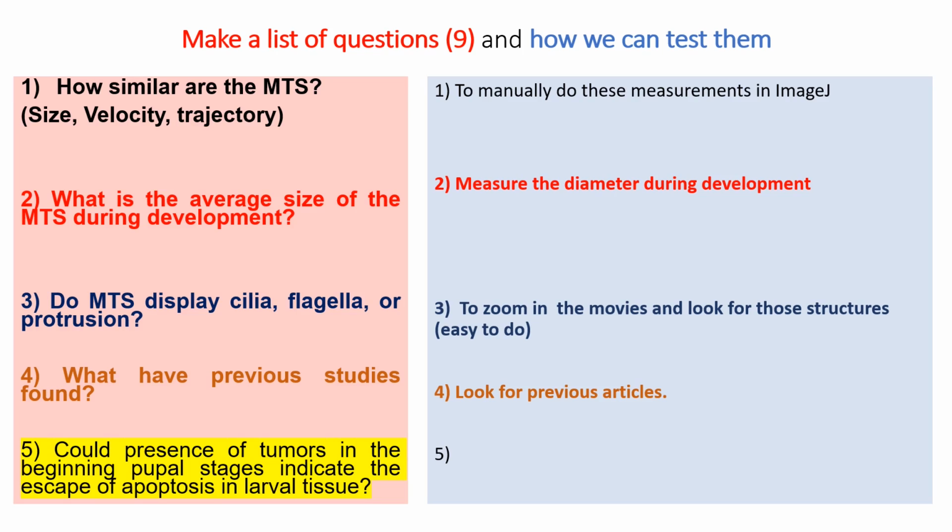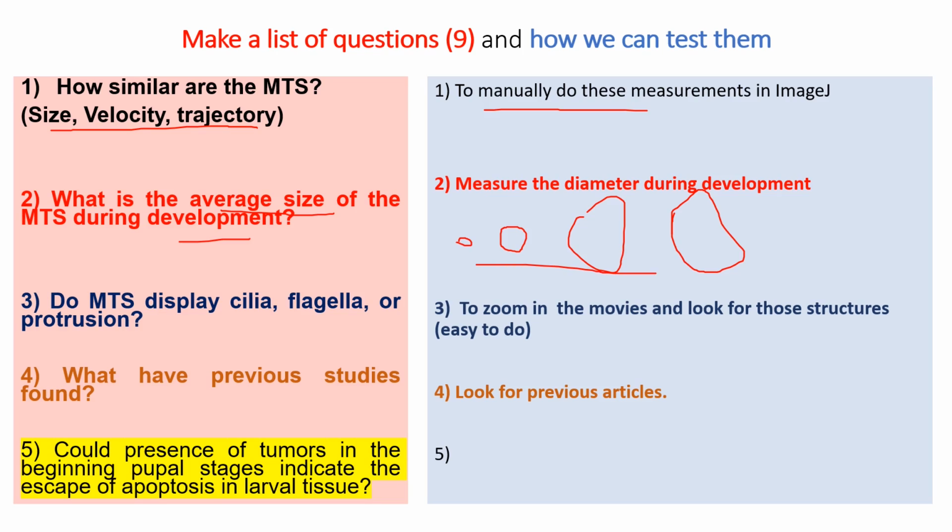For example, the first question measures size, velocity, and trajectory. You can do it manually with ImageJ, or we can install a plugin to measure the average size during development. You can take the movie's first image, second image, third image, and see if they start growing. To see the cilia or the flagella, you can start zooming in.